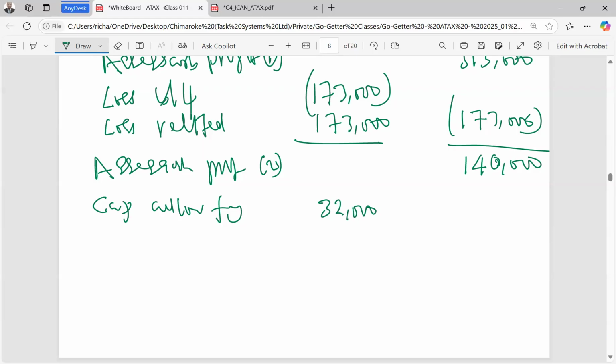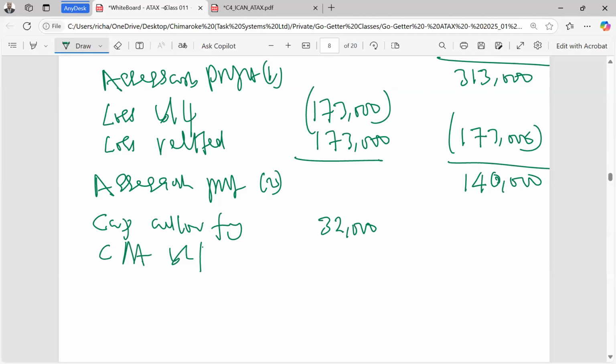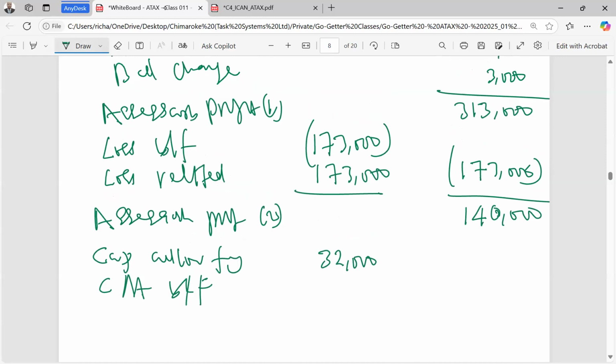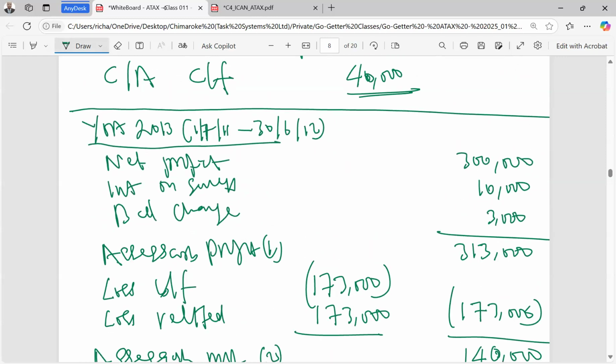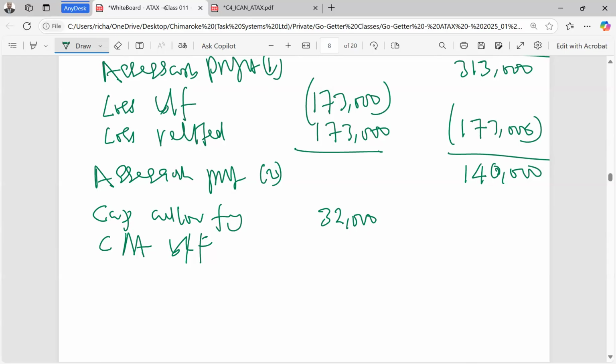Capital allowance brought forward, 40,000. Okay, so 40,000 plus 32 is going to give me 72,000. This is capital allowance available.